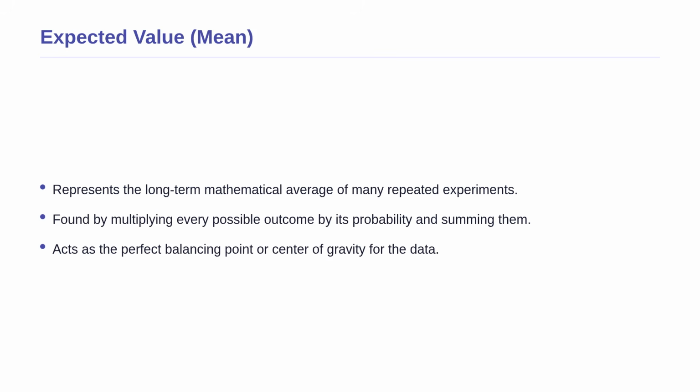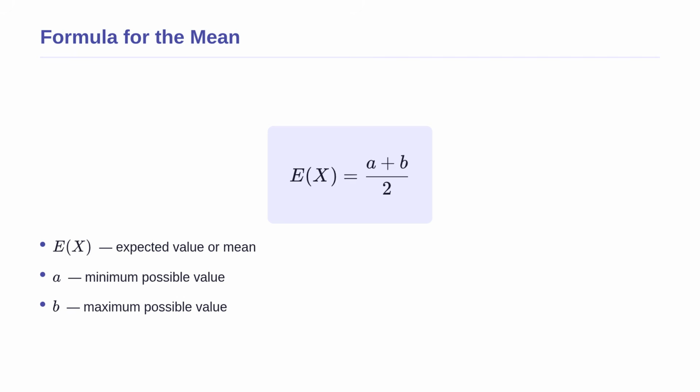For any discrete random variable, you find this by multiplying every possible outcome by its probability and adding them all together. Because our probabilities are uniform and constant, this calculation simplifies beautifully, acting as a perfect balancing point for all our possible outcomes. This brings us to the elegant formula for the expected value of a discrete uniform distribution.